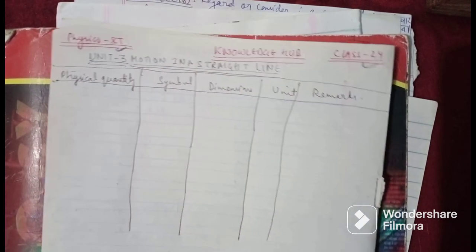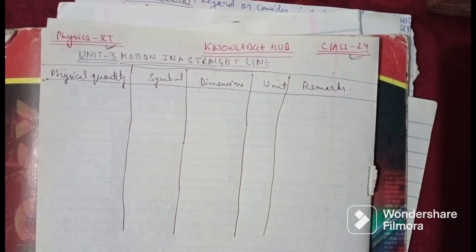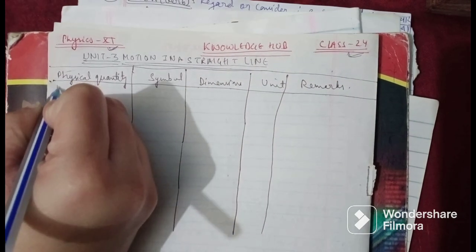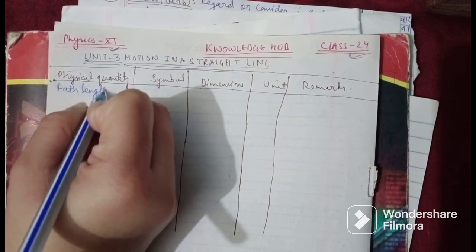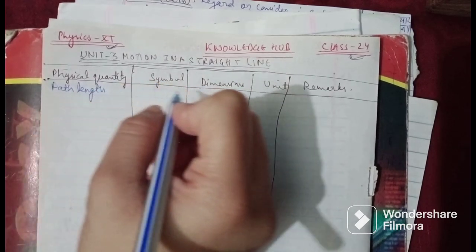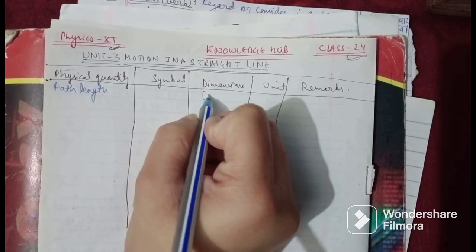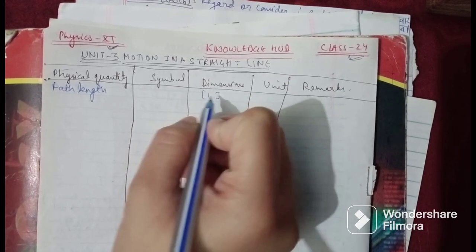On physical quantity, we discussed path length. For the path length, there is no symbol, the dimension is length, and no remark.